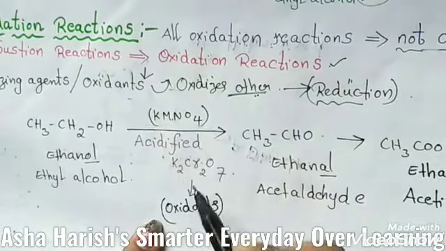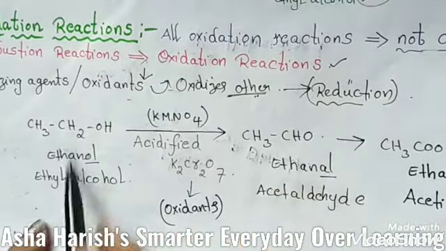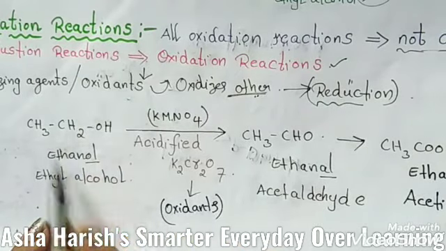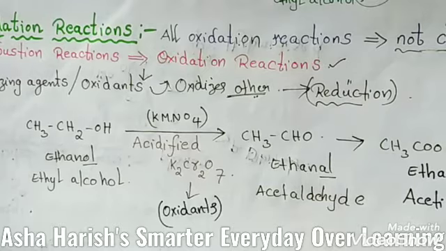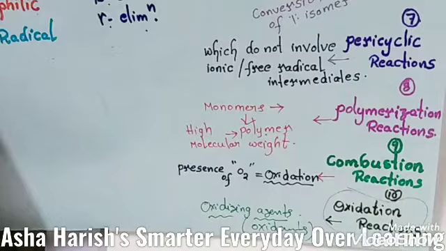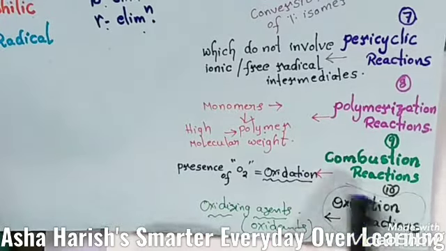These two are producing oxygen for this ethanol, then it gets oxidized. Okay students, this is about oxidation reactions. Coming to our mind map, what I wrote in the starting, this is oxidation reaction, so it is completed.